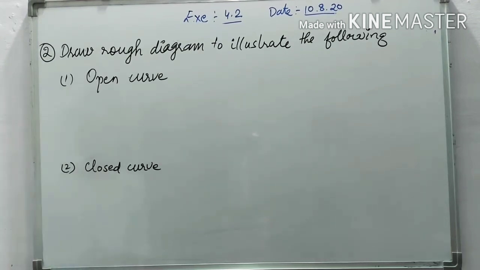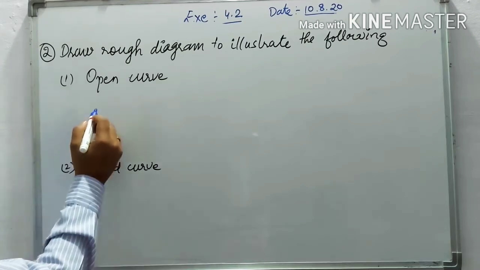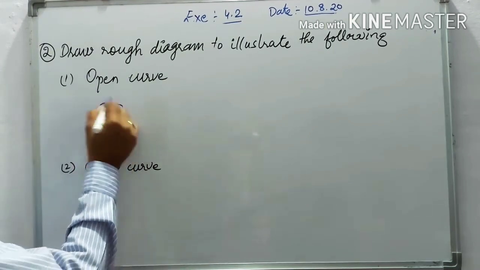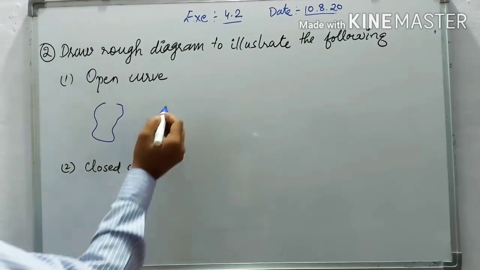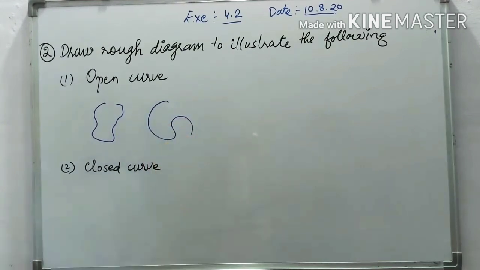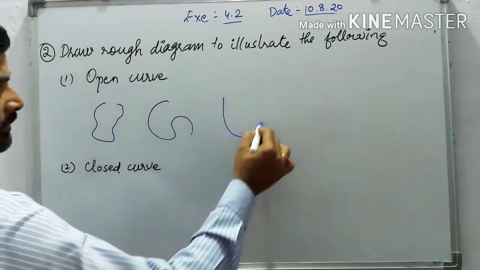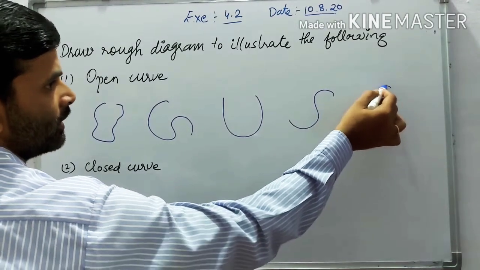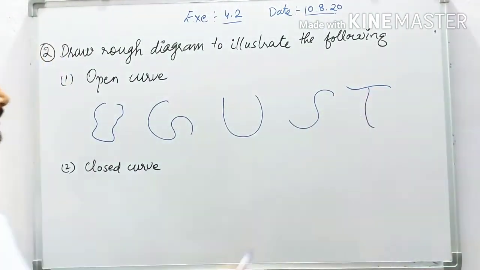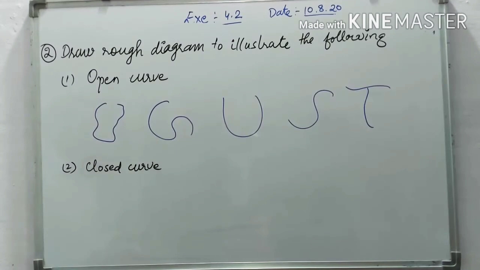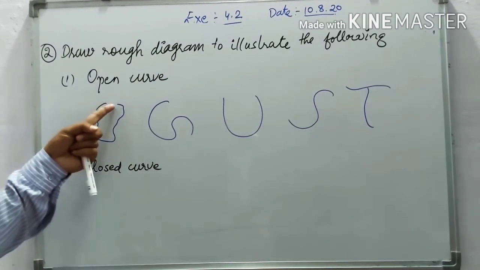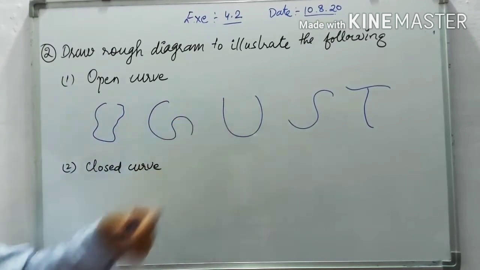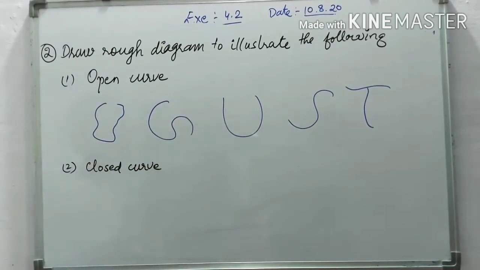For the open curve, you draw first, second, third, fourth and fifth. You can draw many types of diagrams, but the starting point and ending point are not joined. These are all open curves.